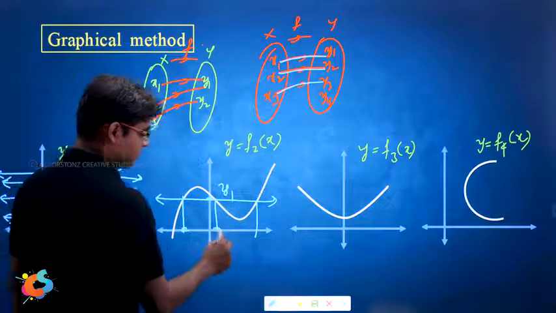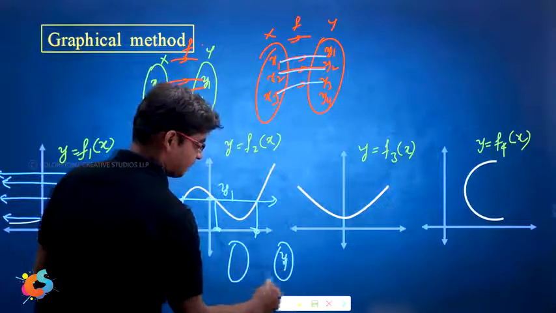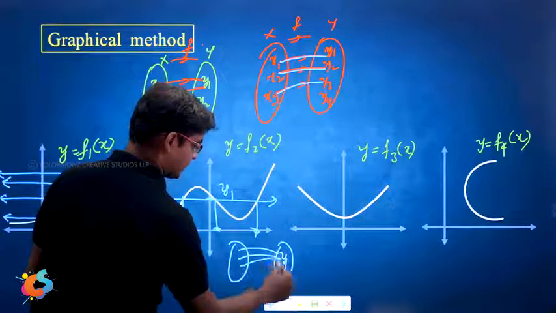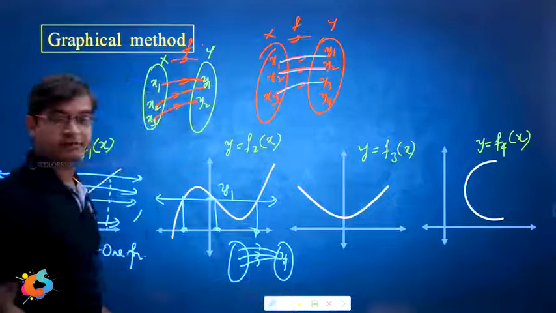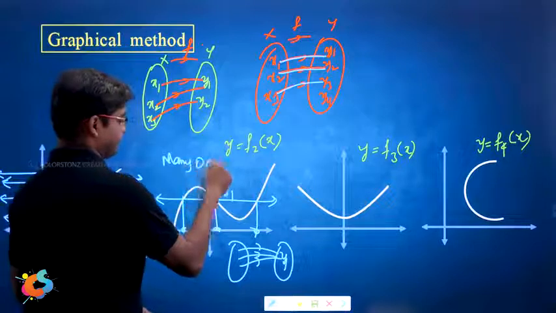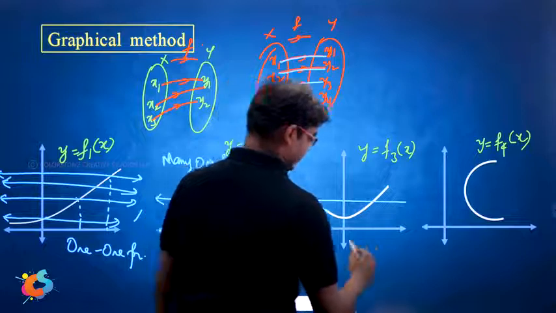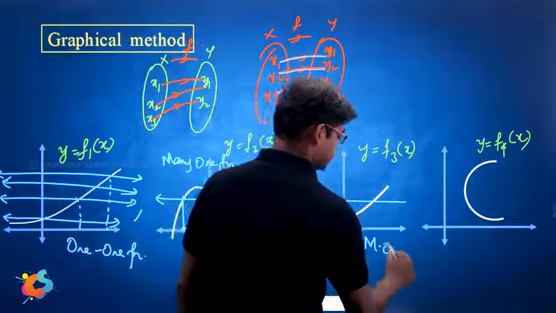Corresponding to y1, there are multiple x coordinates. So that means if you have y1 here, there are multiple x coordinates which have output y1. That means this is a many-one function. Here, just by seeing only we can say this is a many-one function.